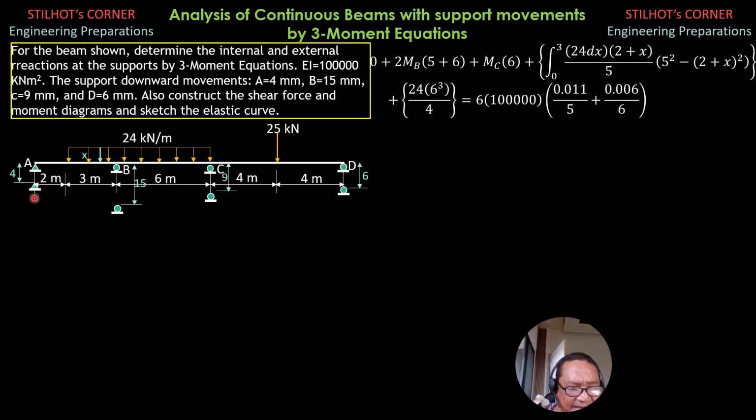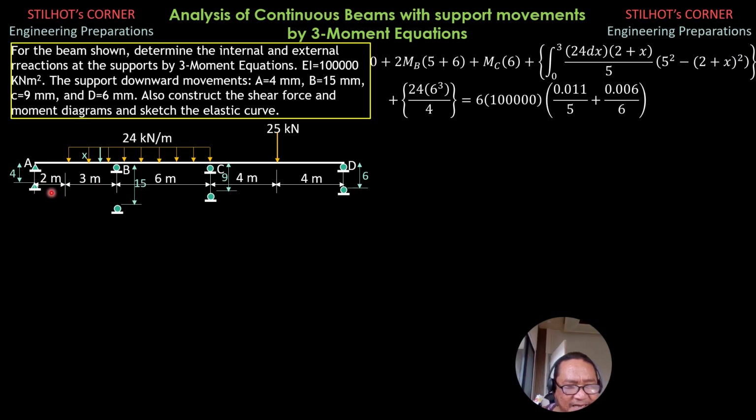0.011 is 11 mm in meter because support A is above the reference horizontal line through B by 11 mm, and 11 is 15 minus 4. So that's the explanation.